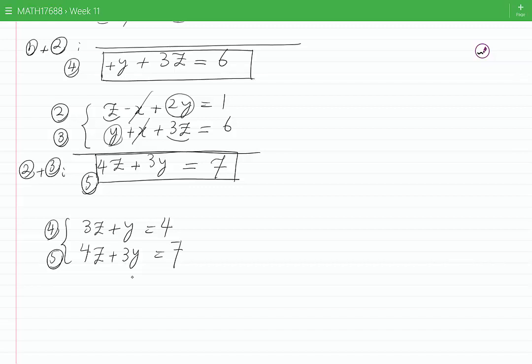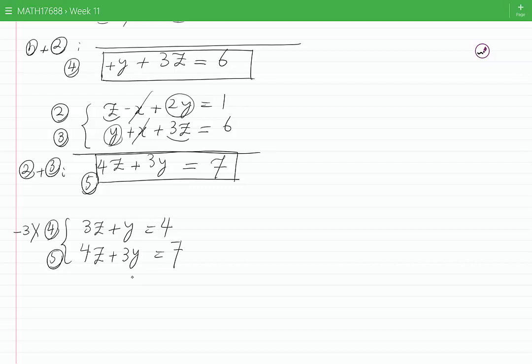I would like to combine these two equations in a way that I do not have y in the resulting equation. I multiply the first equation by minus 3. This is because I would have minus 3y in this equation, which when added to the second equation would cancel out with 3y. Minus 3 times equation 4.